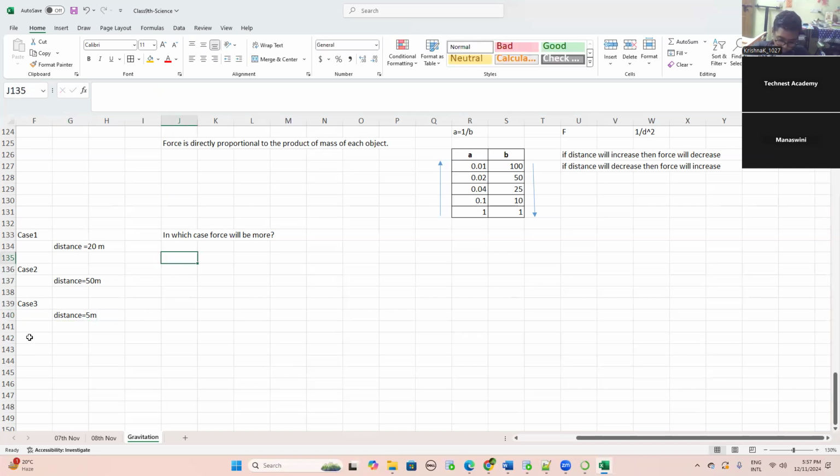Another example. Case four. Object A mass equals 80 kg. Object B mass equals 70 kg.